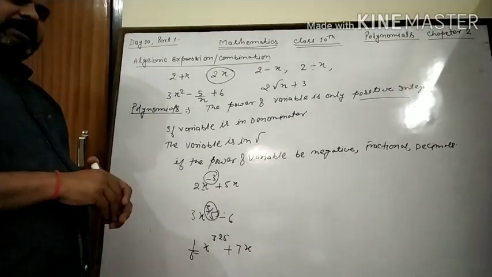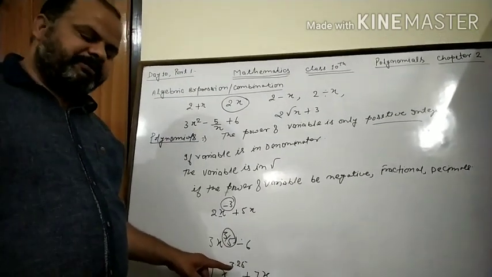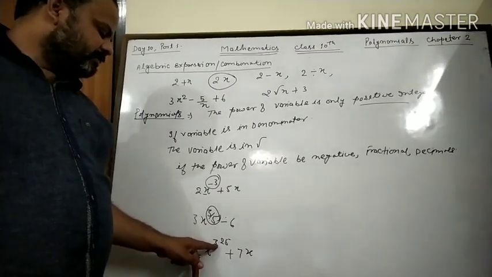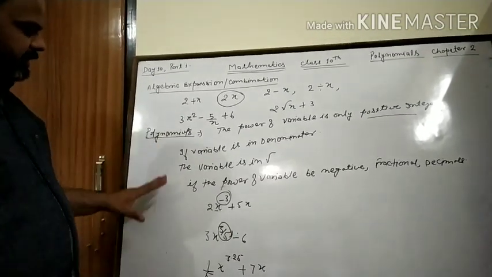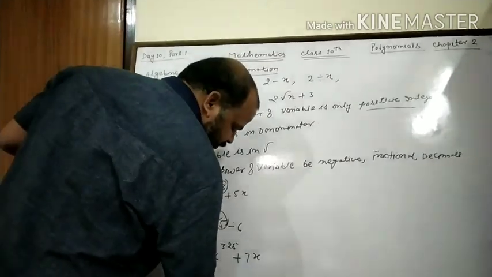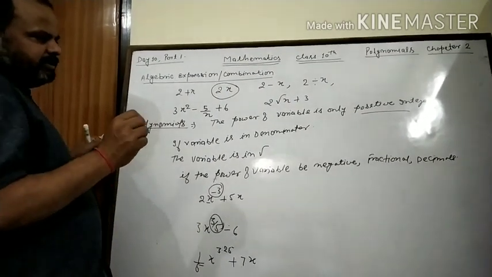It is also not a polynomial, it is only an algebraic combination, because the power of x is decimal. Is that clear?